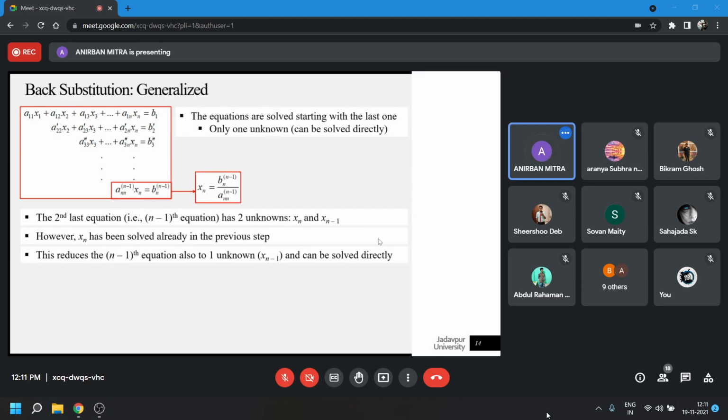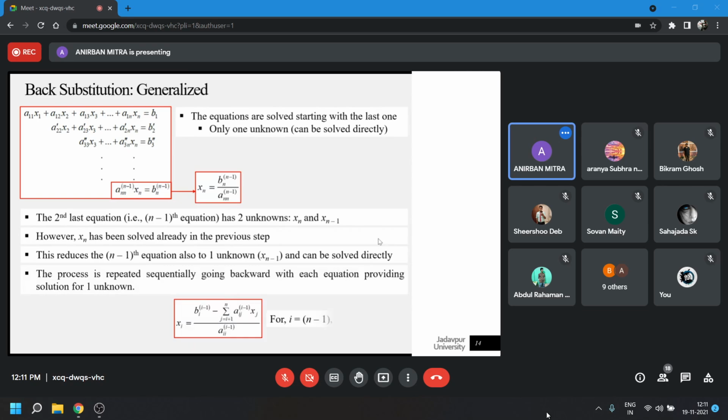As you go backward, in each of these equations, all the unknowns except for one would be known to you. So the process, if repeated sequentially, going backward with each equation providing the solution for one unknown, you would find out the set of unknown values starting with xn going up to x1 in a backward manner.